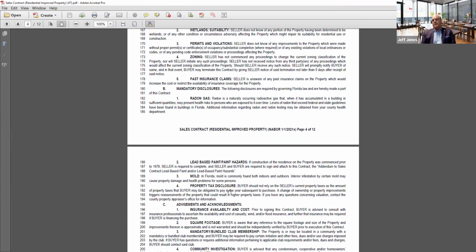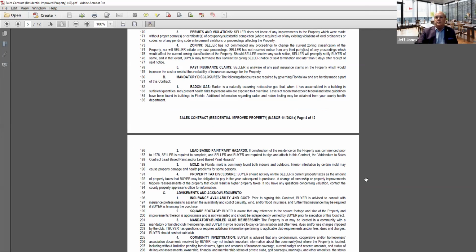And that's really something that should be done ahead of contract signing, because costs skyrocket. However, if that puts me in a position where I'm not going to get my loan, the financing contingency could protect me. But again, these are things that you really need to go over with your buyers and make sure they understand.